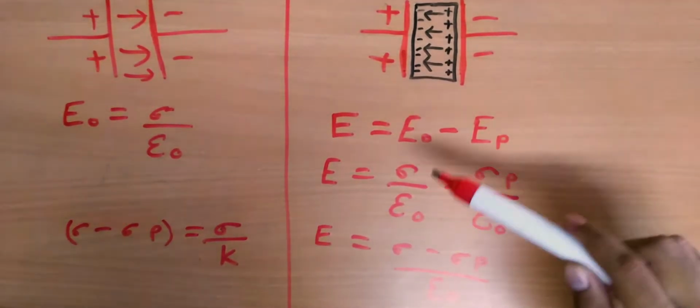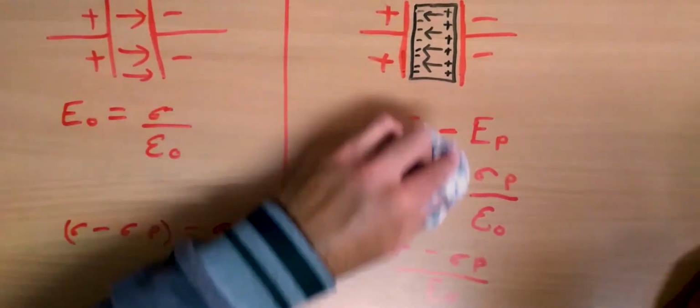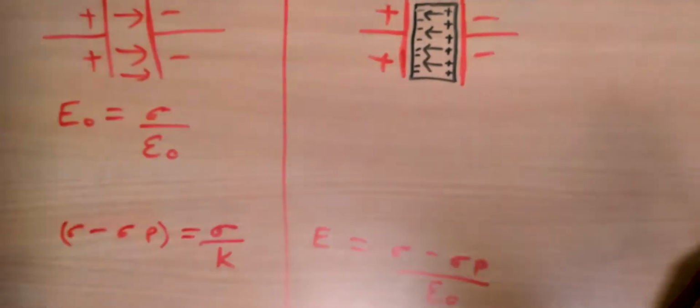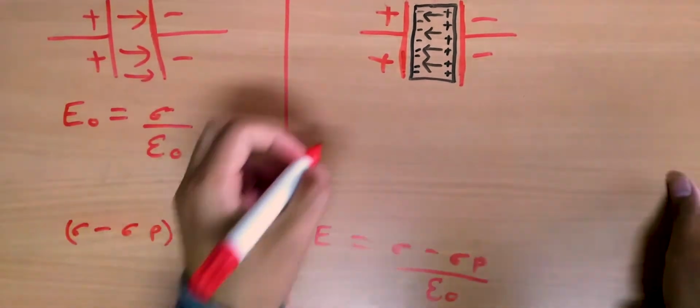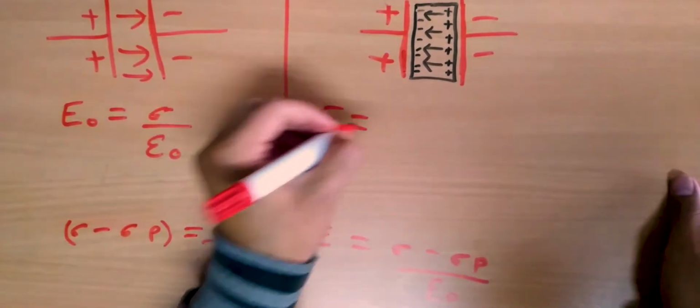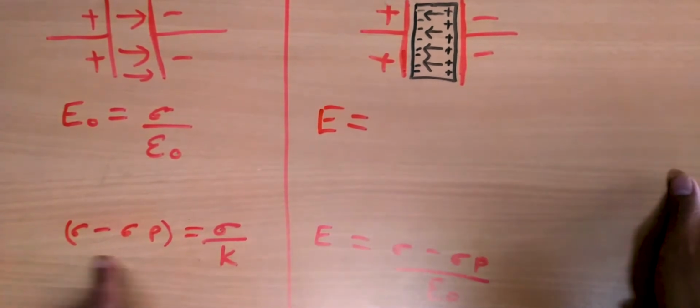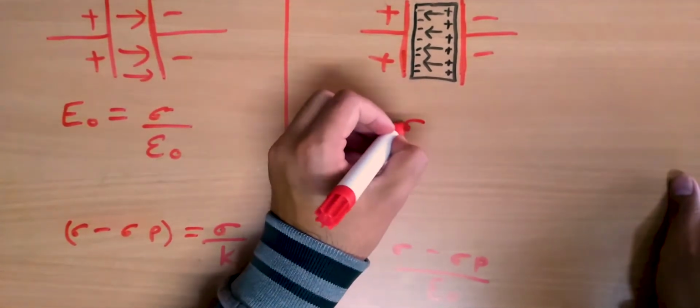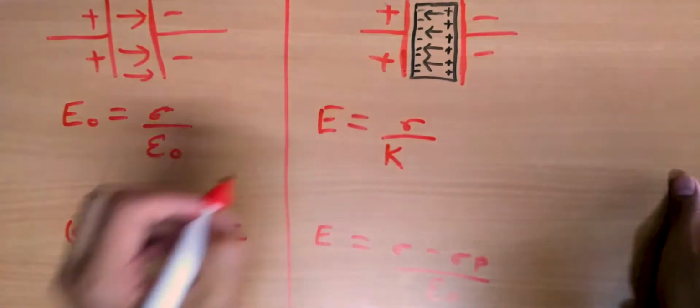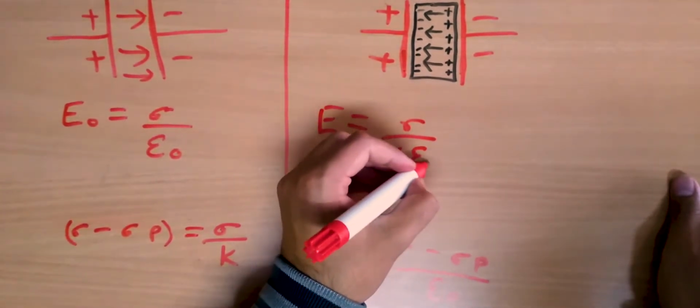So let me just remove all this to make some space, and what I'm left with is that the net electric field equals, instead of sigma minus sigma P, sigma upon k, and I have the epsilon naught here.